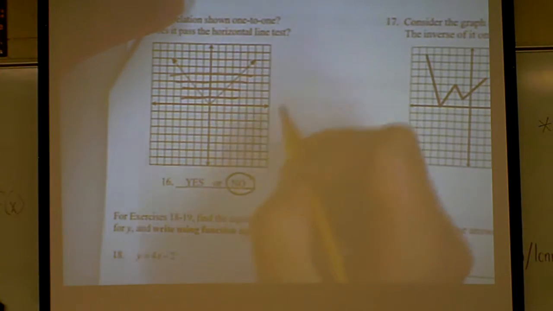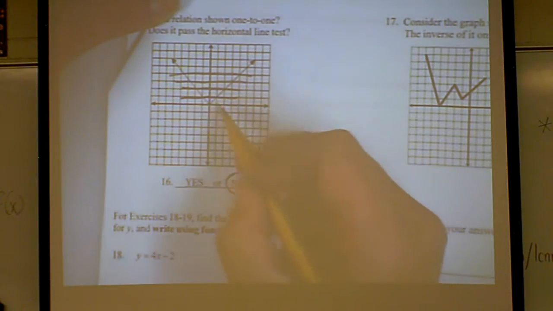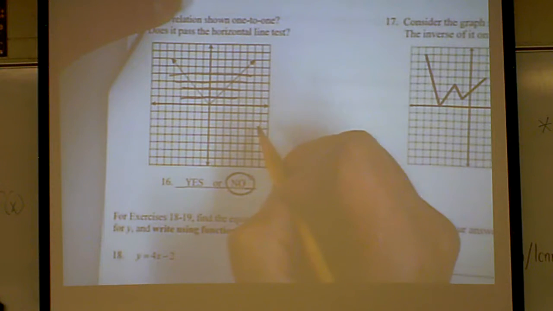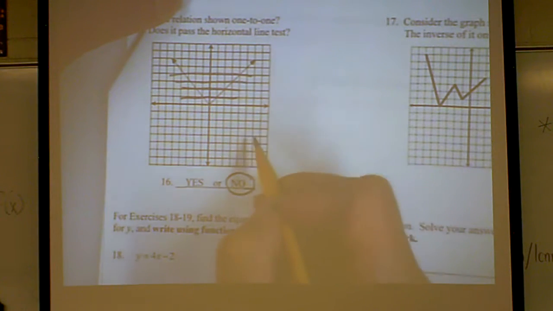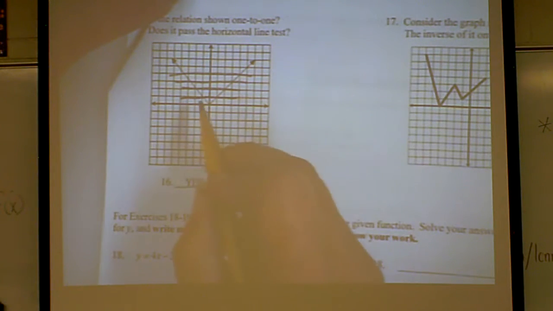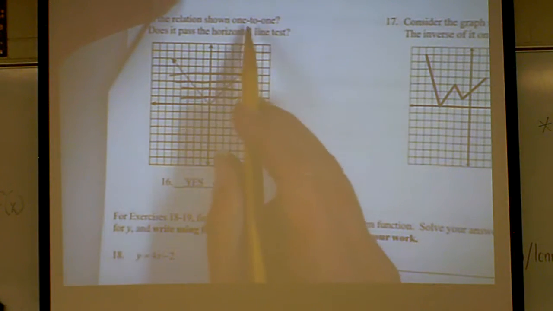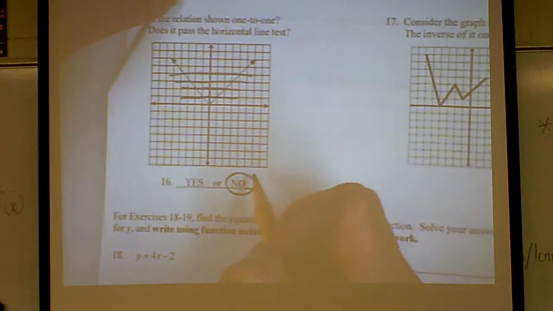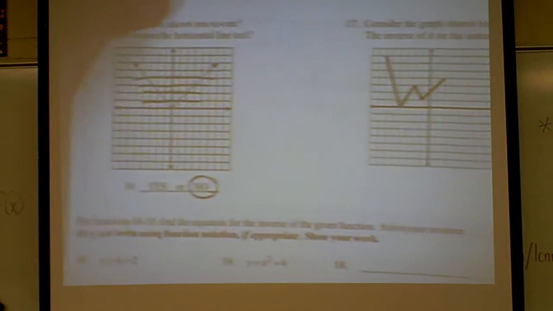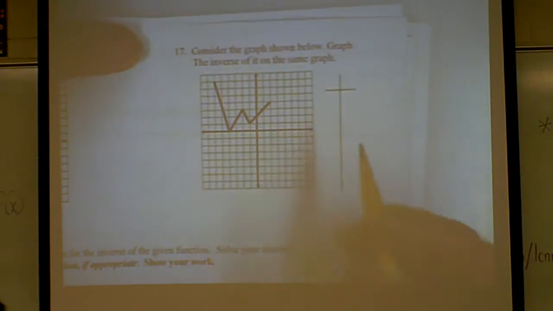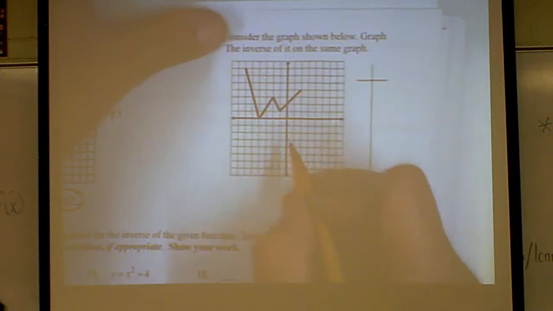What this means is that when we find the inverse of this, its inverse will not be a function. So if a graph passes the horizontal line test, then it would be 1 to 1, and its inverse would be a function. So this one is no, its inverse is not a function. And by the way, that last one was worth 1 point.